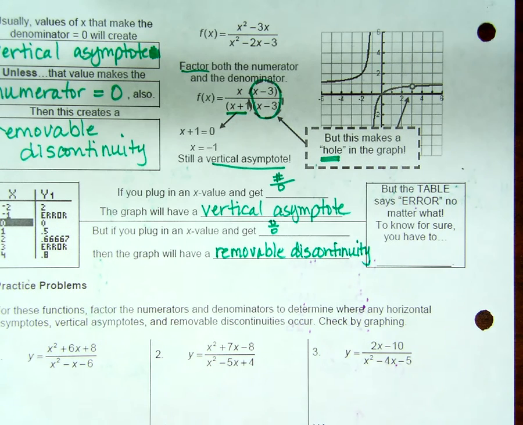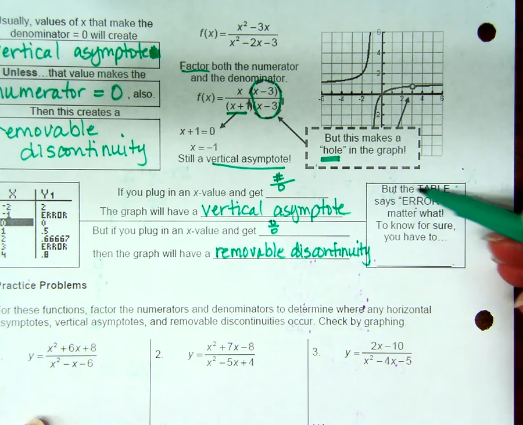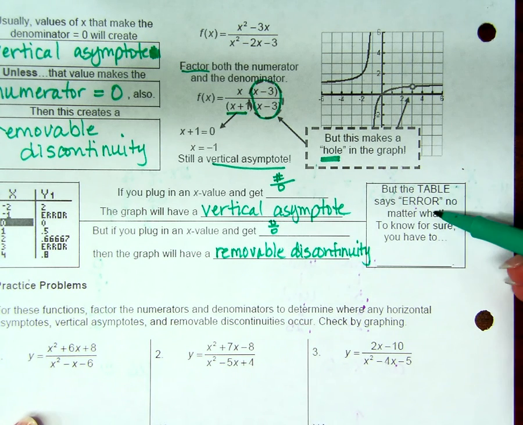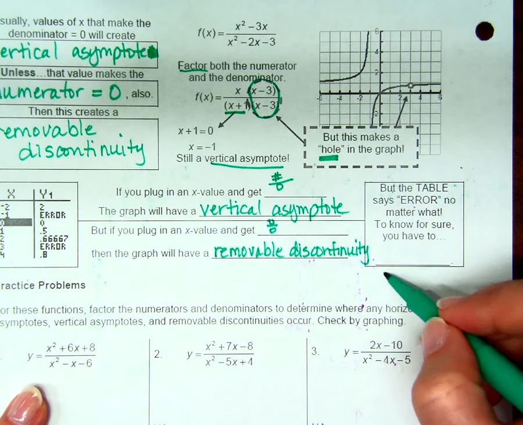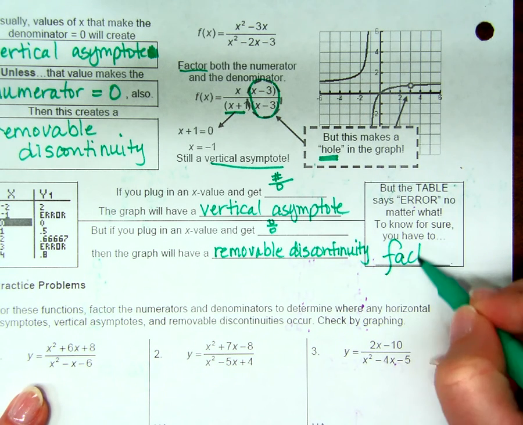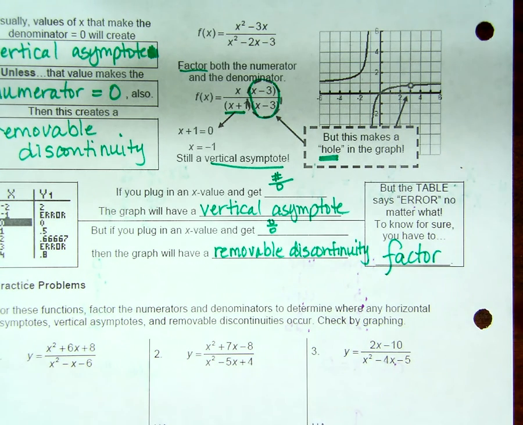Then you'll have a removable discontinuity. Yes, ma'am. But here's the deal, guys. The table is going to say error or undefined either way. The only way that you're going to know for sure is to factor. Got to factor. Remember I told you when we were factoring we're going to use this for the rest of the year? It's still the rest of the year. Okay?